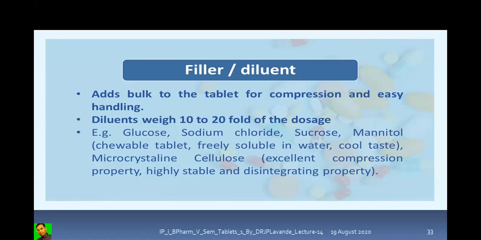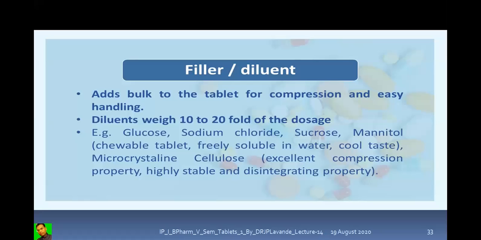So these add bulk to the tablet for compression and easy handling. It is very difficult to compress a 1 milligram tablet, so in order to offer easy compression, these fillers are added.